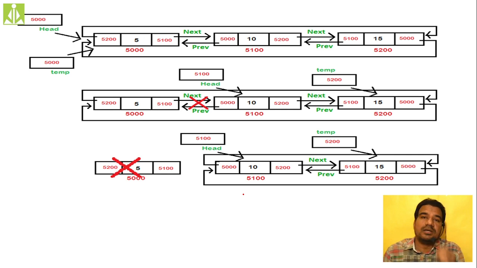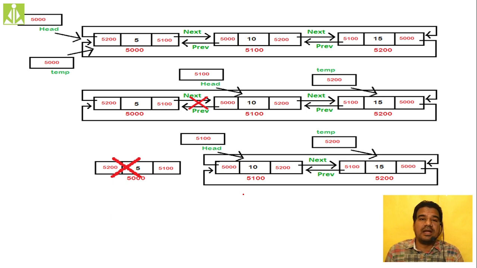As far as the time complexities are concerned, in your circular singly linked list, the traversal function will take order of n. Search function will take order of n. Add at first in a circular singly linked list, we have to run a temporary pointer to the last node, and directly it is not possible in one single step. So again, the time complexity there is order of n only.